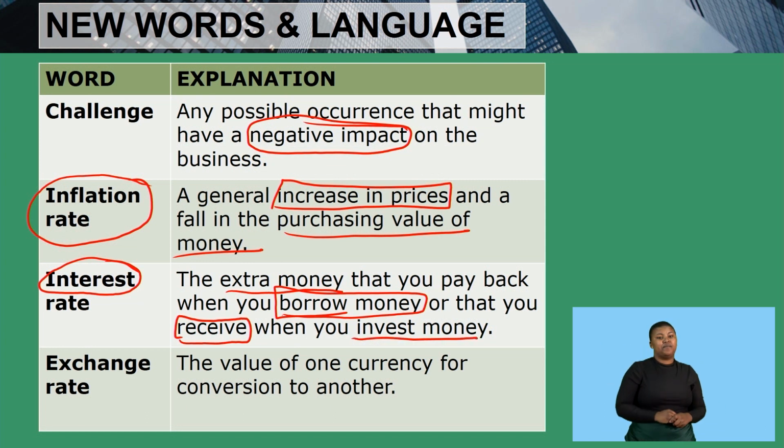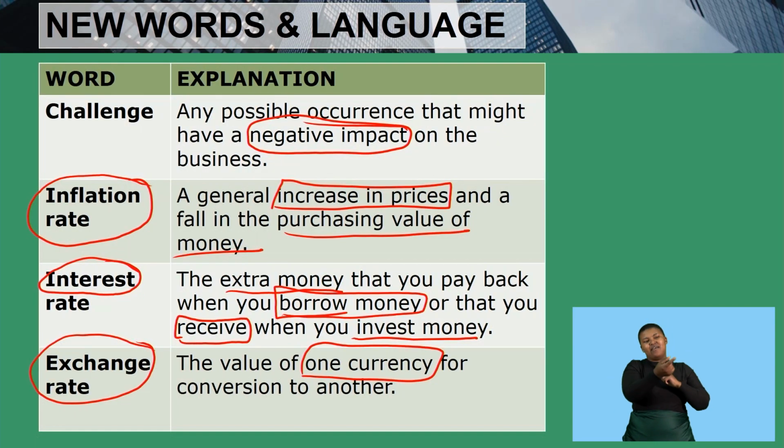Then our last new word is exchange rate. This is the value of one currency compared to the value of another. For example, the value of the rand will be maybe 18 Rand 50, and that is our dollar rand exchange rate. So that is the value of one currency for conversion to another. And those are our new words.